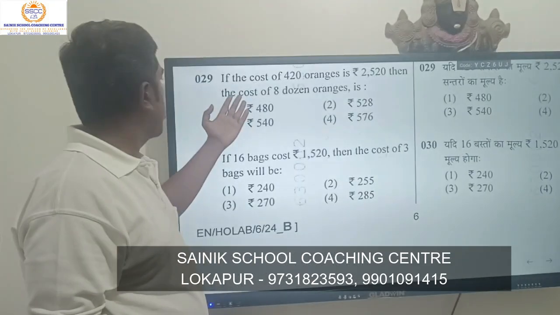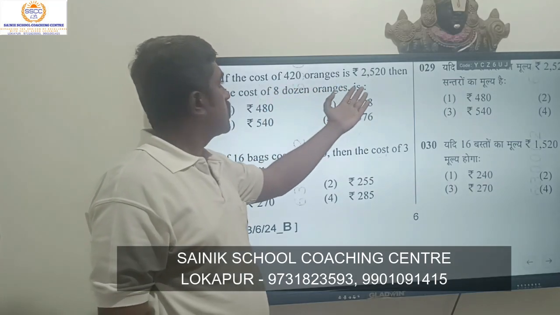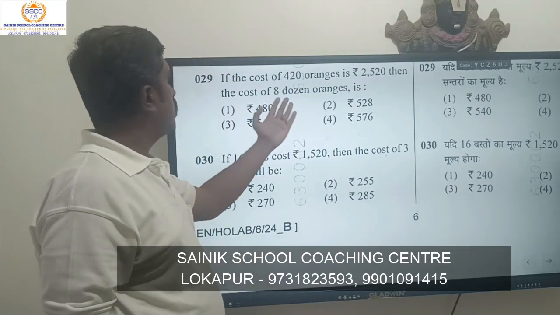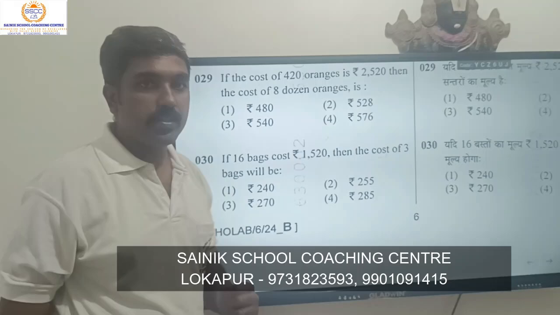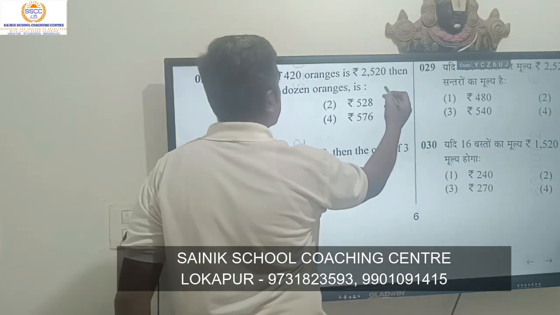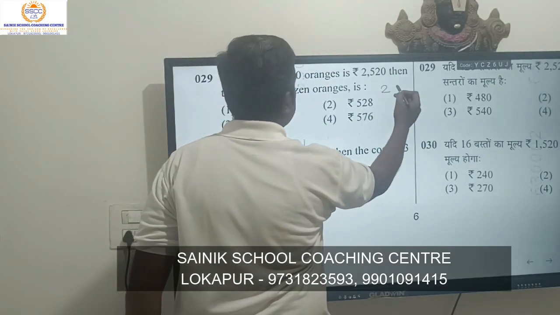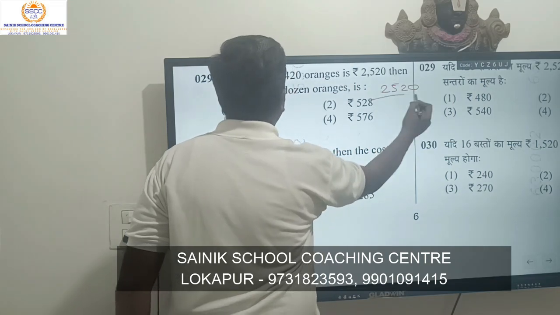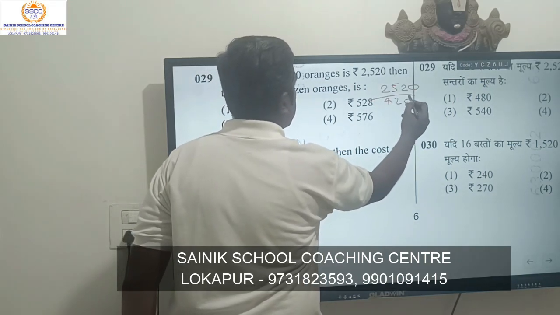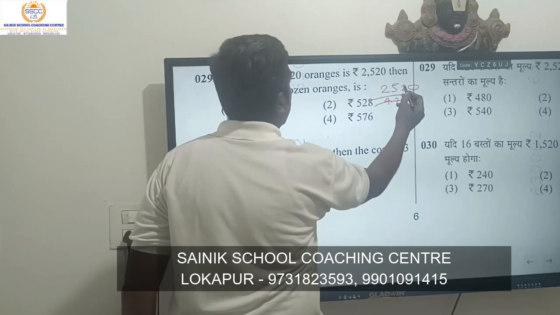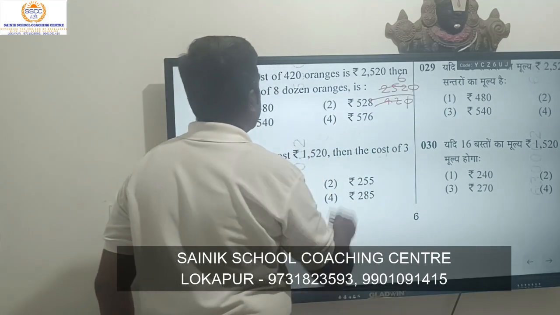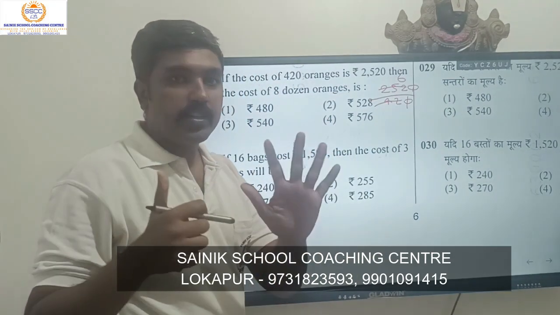Question number 29. If the cost of 420 oranges is 2520, then the cost of 8 dozen oranges is. So basically, first let me find the cost of each orange: 2520 divided by 420. 0 and 0 will get cancelled. 42 6s are 252. So each orange is costing us 6 rupees.